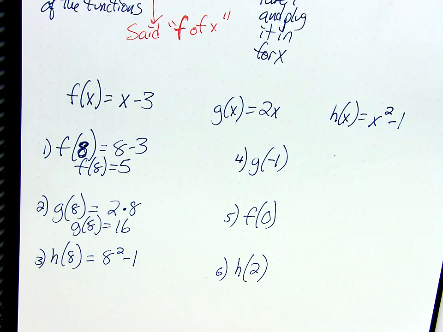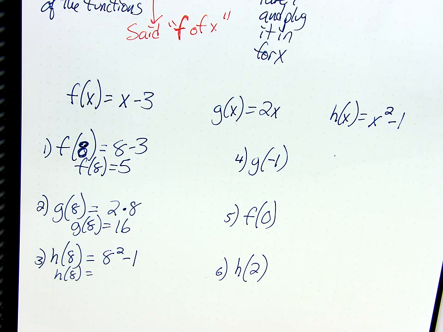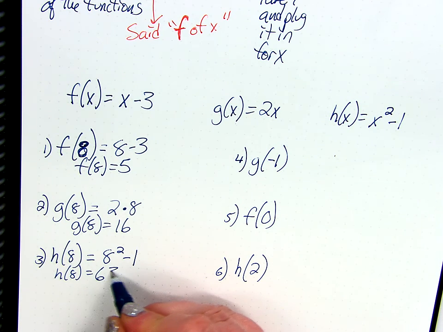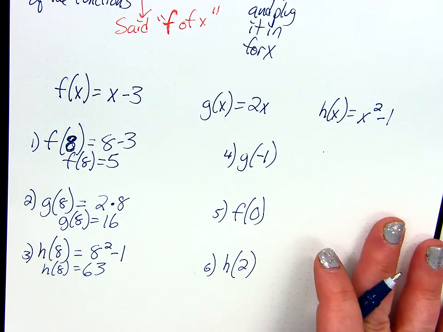Does everybody see where this is coming from? So now, h of 8, I just have to do 8 squared minus 1. Well, what's 8 squared? 64, right? Because it's 8 times 8. So 64 minus 1, 63. Is this kind of making sense? Okay, try 4, 5, and 6 if you haven't already.